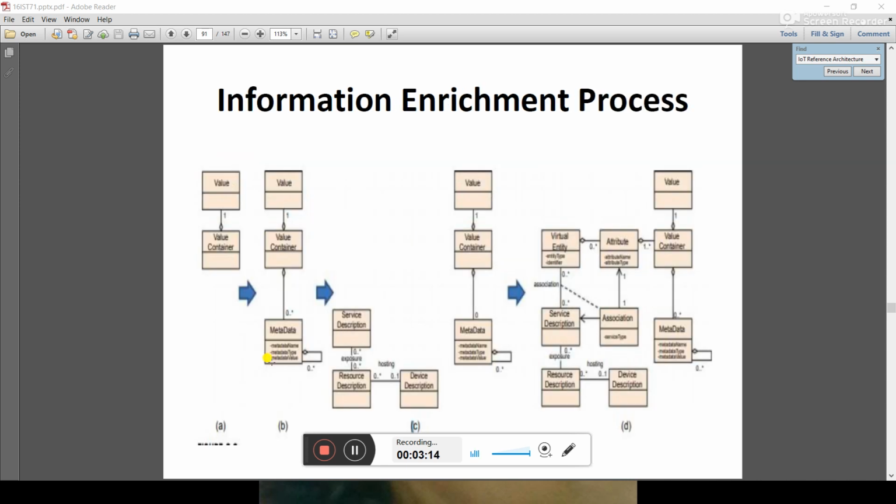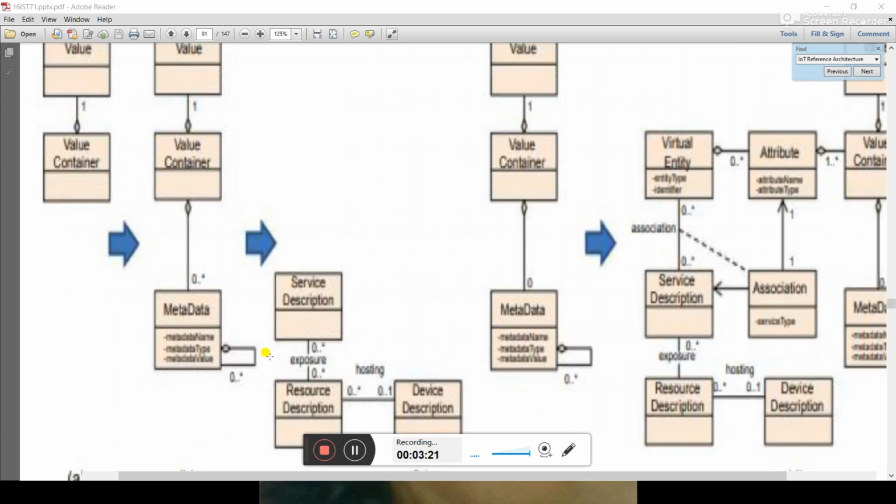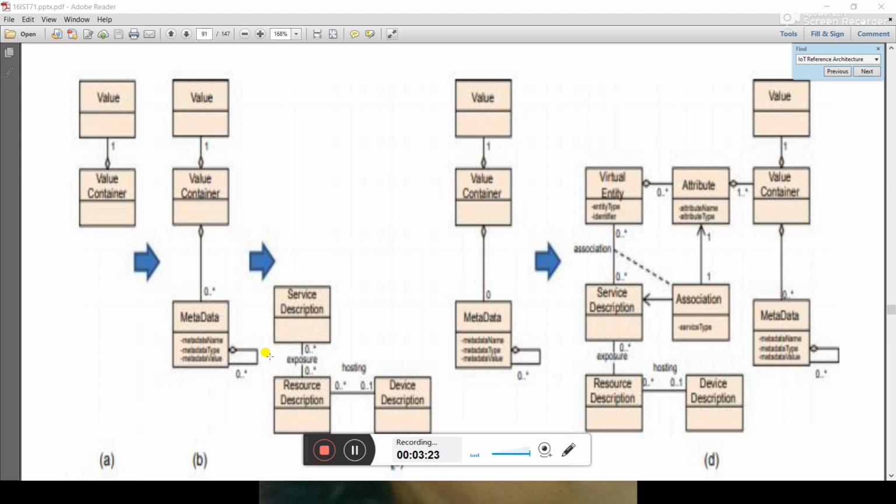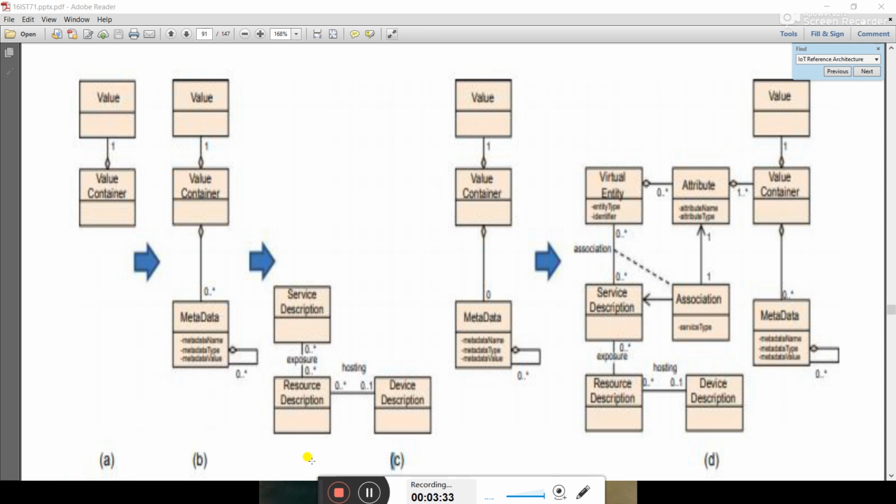So here is an information enrichment process. Here you can see some of the blocks, and because it is somewhat related to computer science, electronics students may find some difficulty understanding these things, while I am here to discuss it with you.